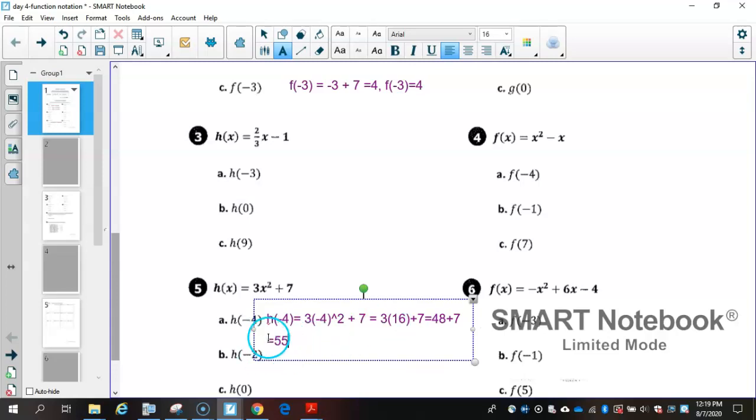So what this means is when x is -4, y is 55.